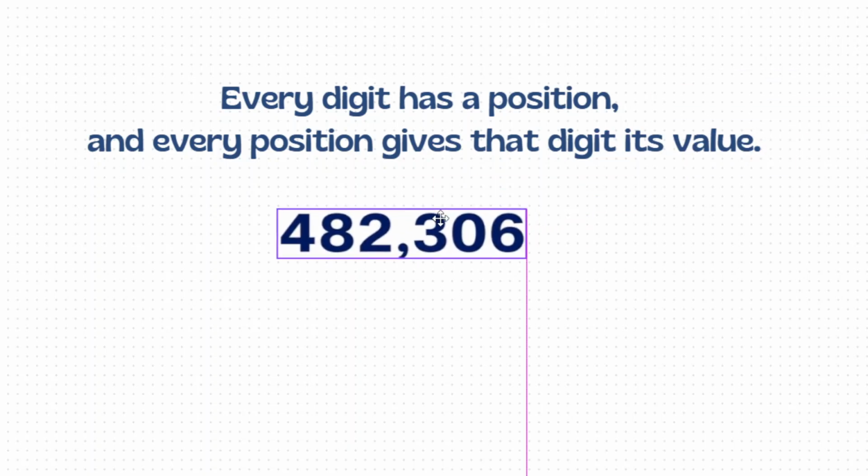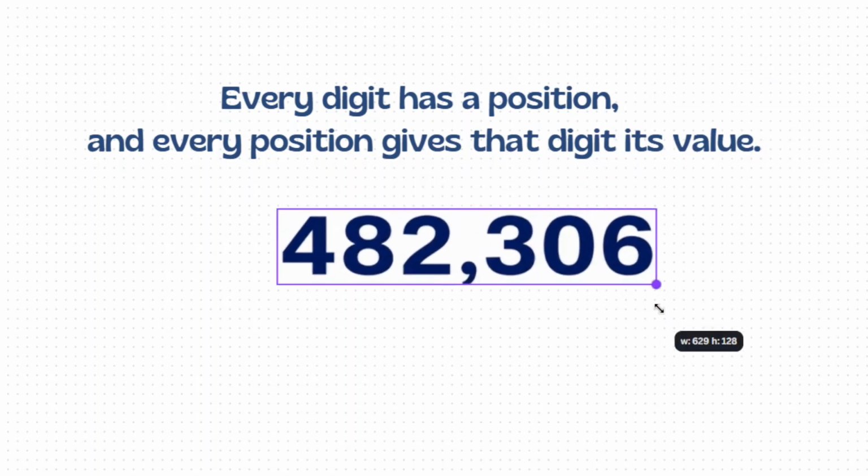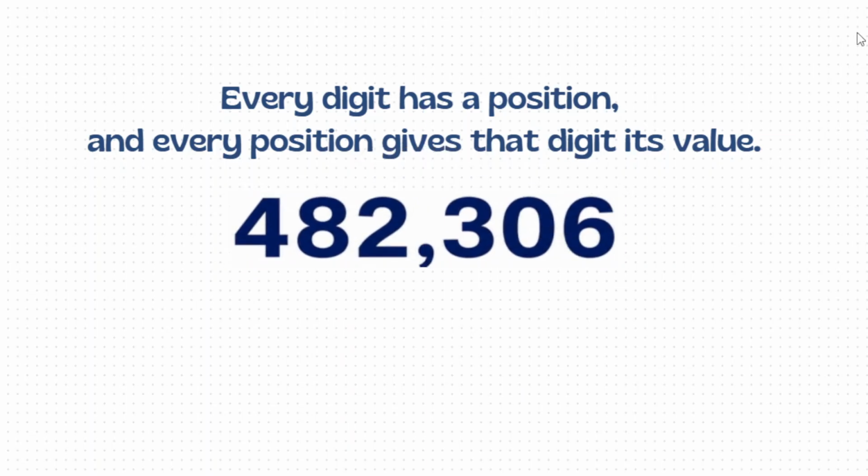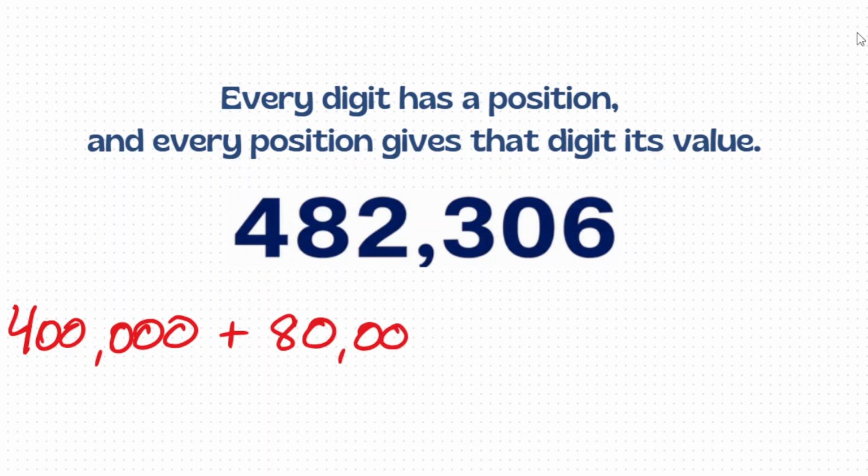So when we have the number 482,306, the way you write that out in expanded form would be to write 400,000 plus 80,000 plus 2,000 plus 300.